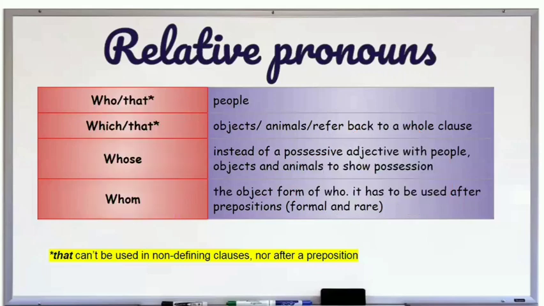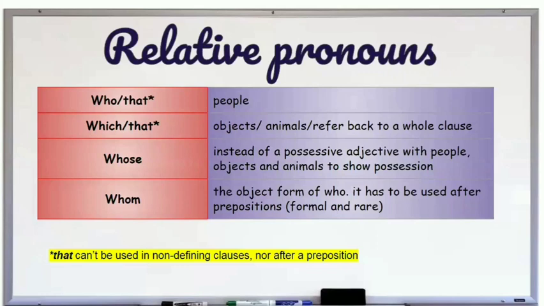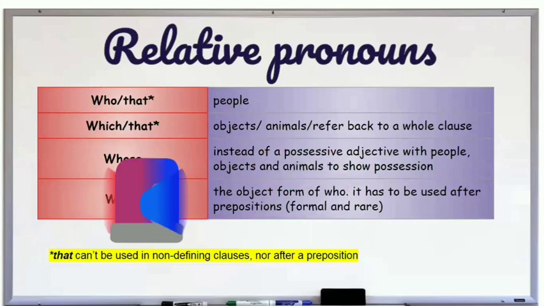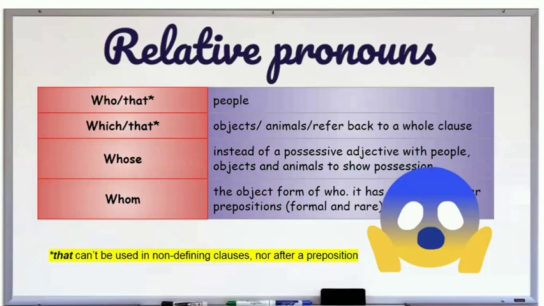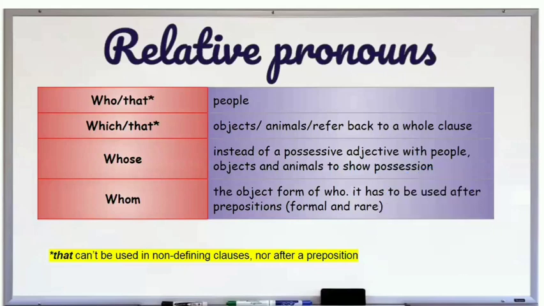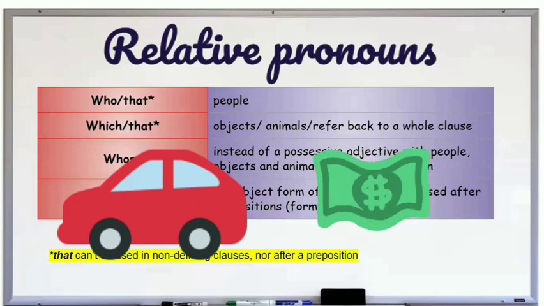Finally, it's important to mention that that can be used instead of who or which, as we saw. But careful, because it can't be used in non-defining clauses or non-restrictive clauses, and nor after a preposition. So I can say, if I want, for example, this is the car that or which I paid 2,000 for.